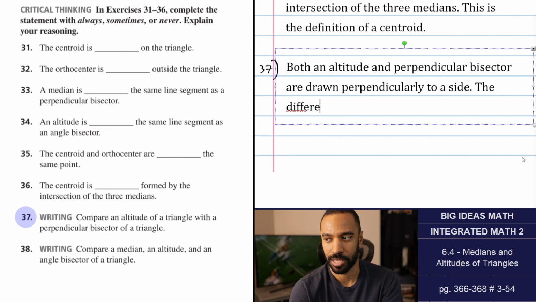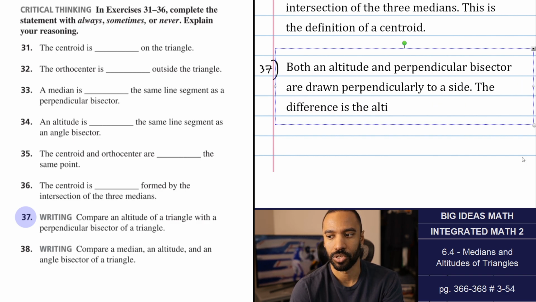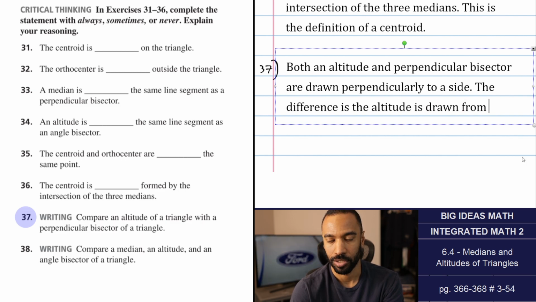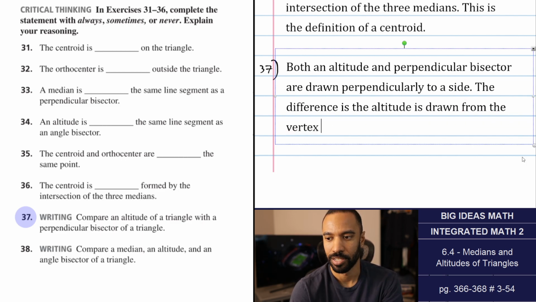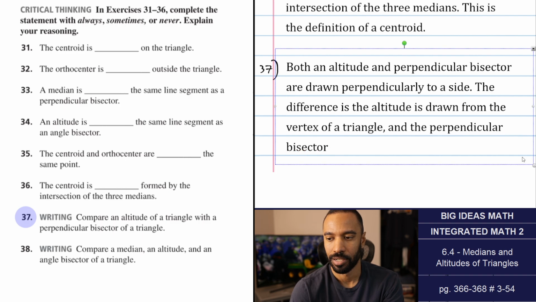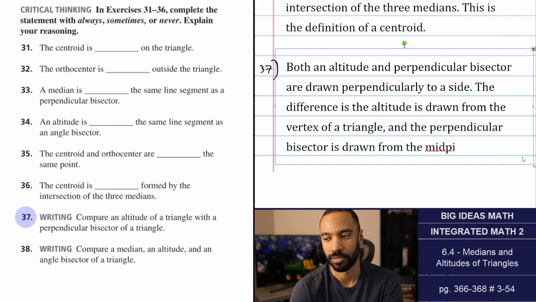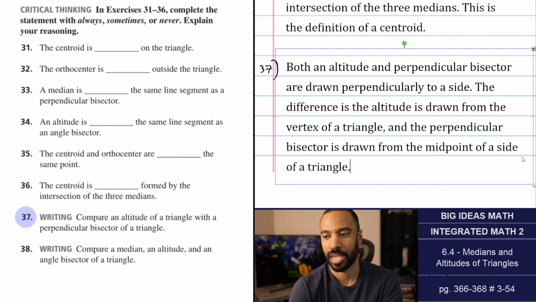The difference is the altitude is drawn from the vertex of a triangle, and the perpendicular bisector is drawn from the midpoint of a side of a triangle. So they can be two different things.